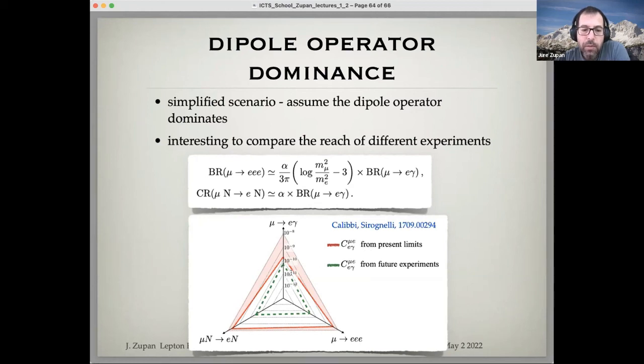With the future experiments planned, there will be a modest jump in mu to E gamma, but big jumps in mu to 3E and mu to E conversion. And if this dipole moment operator dominates, they will basically be probing the same value. So you'll have the same sensitivity between these three probes for this particular case, the simplified case of one dipole.